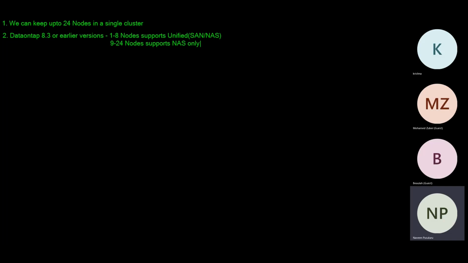That means you can create a volume, a logical partition, on the ninth node as well, but you cannot configure a SAN protocol and you cannot assign the storage from those nodes to clients through SAN protocols. From the ninth node onwards, you can present the storage only via NAS protocol.